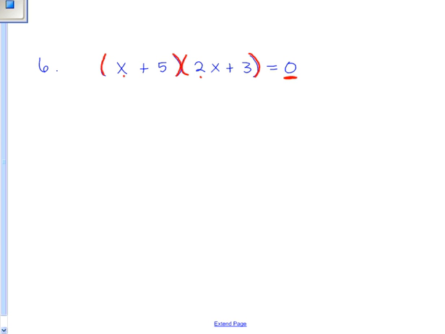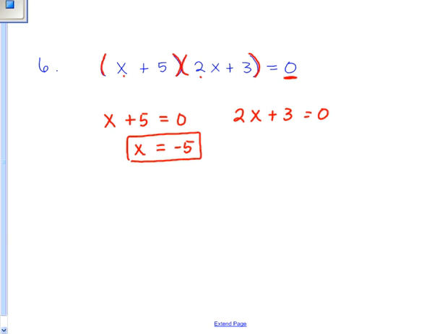Okay, so we're already down to the third step, where we just take each one of these factors, each one of the binomials, and set them equal to 0. So x plus 5 equals 0, 2x plus 3 equals 0. Solve each one, so subtract 5 would give me x equals -5 as one solution.